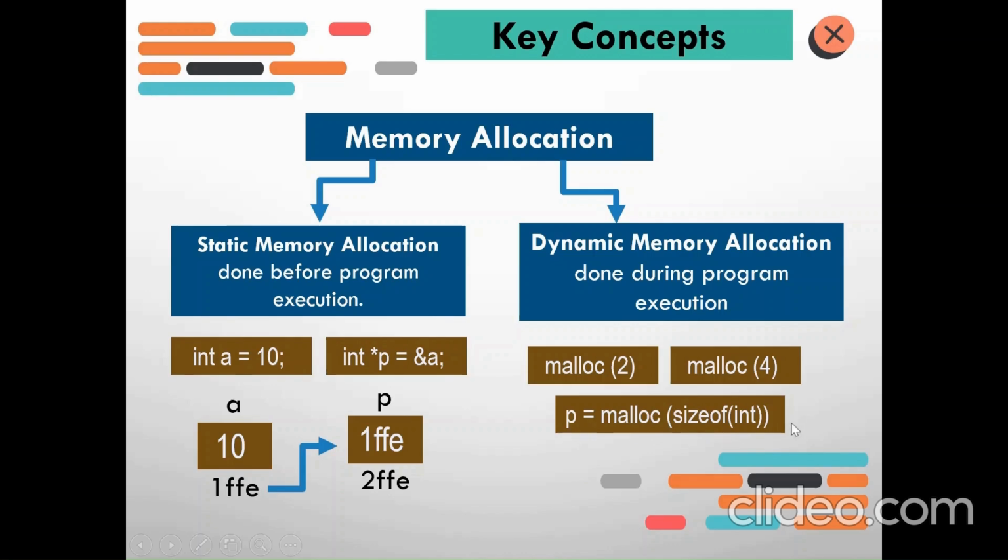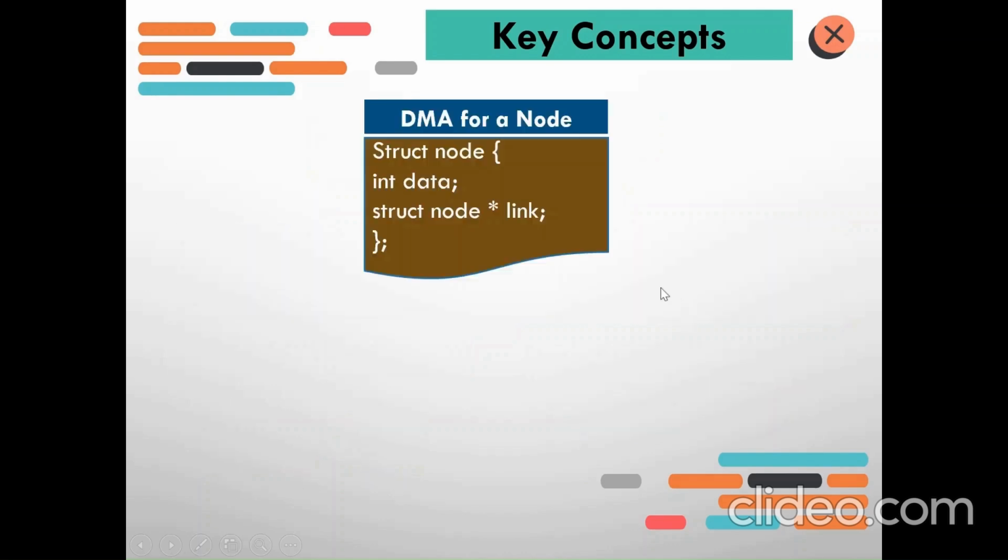Now coming to the dynamic memory allocation for a node. Previously you saw how to allocate memory for an integer or a float variable, the basic types. Now for a structure, how would the memory allocation be done? If you are writing struct node, this is basically a structure variable consisting of two parts.